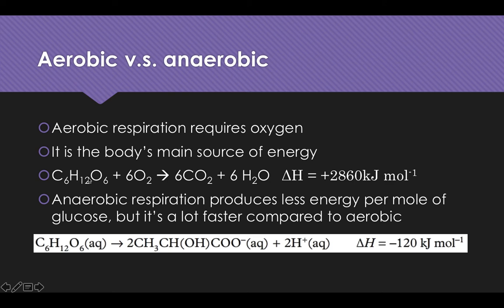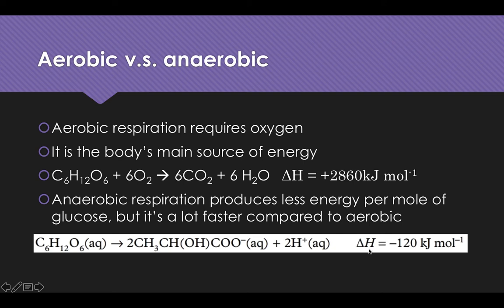However, sometimes oxygen is not readily available. For example, when you are doing weight training or running really fast for a really long period of time, your body doesn't supply oxygen fast enough. Then anaerobic respiration takes place. This reaction produces much less energy per mole of glucose.